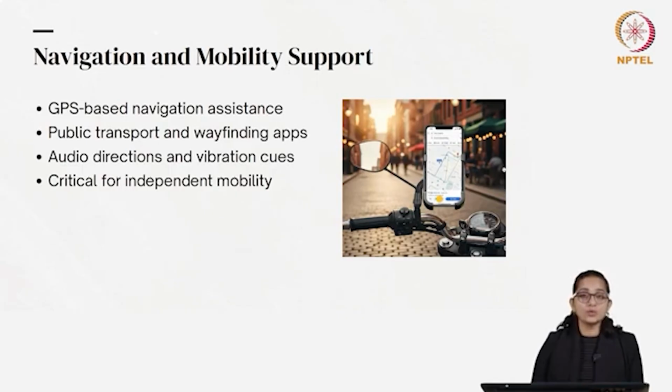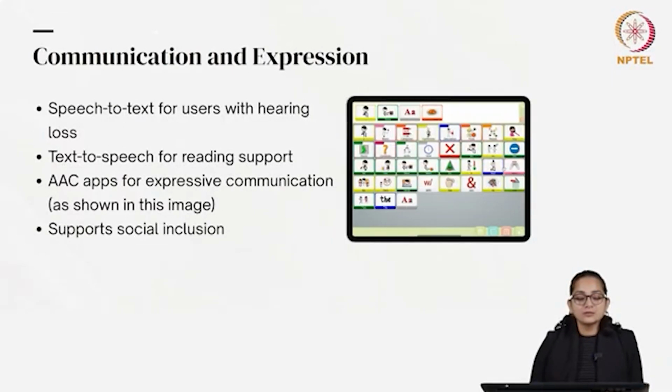Same is the case if you are distracted, for example, you are driving, and your attention to both the visual and the audio stimulus is not there, then your third feedback system, which is your vibration, can pull your attention back to the navigation system. So it is very critical.